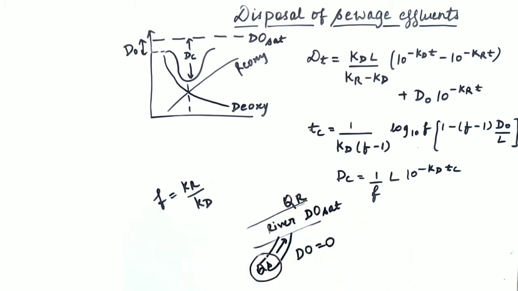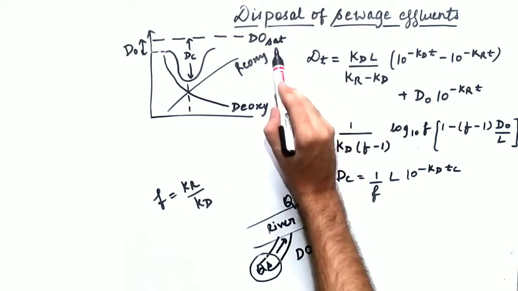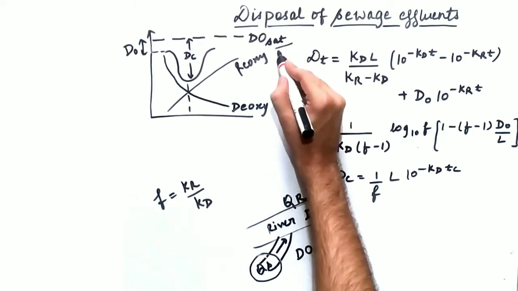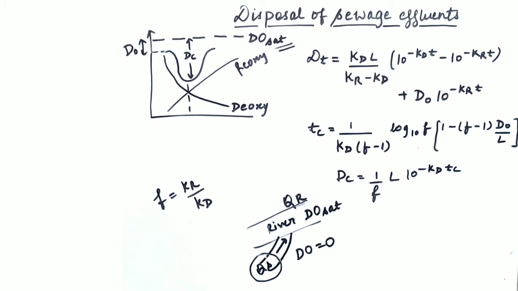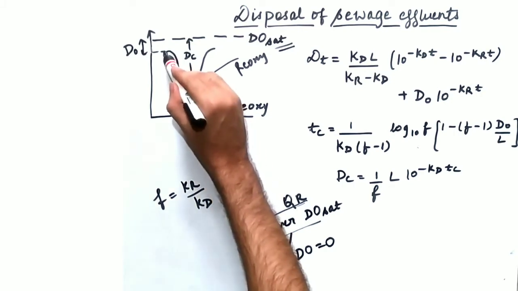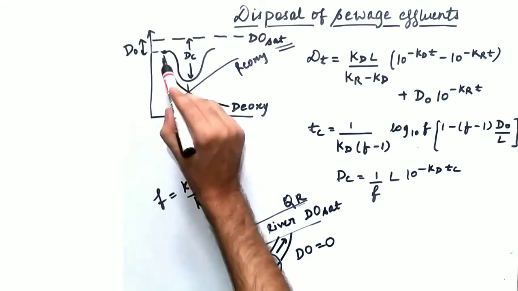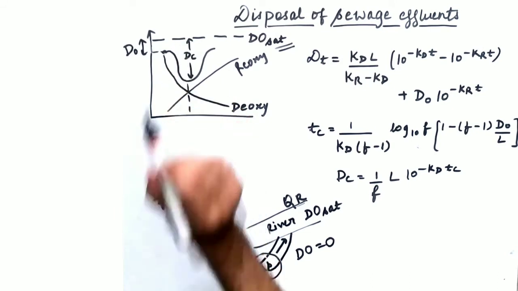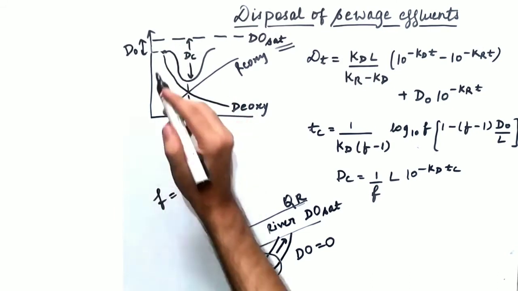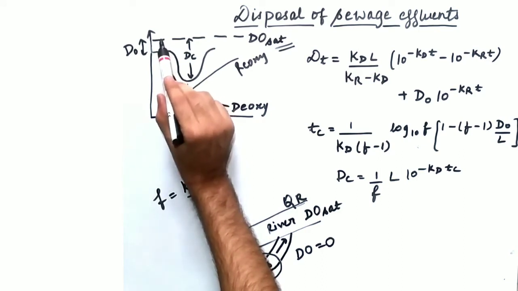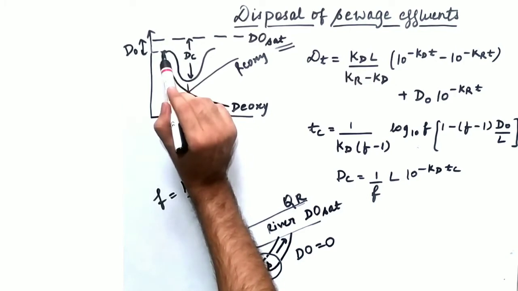See, this is shown in this curve. Initially the river has dissolved oxygen at its saturated point, okay. This Sag curve represents the point when you add the sewage to the pure river water. What happens? The dissolved oxygen reduces from the saturated to some certain point.